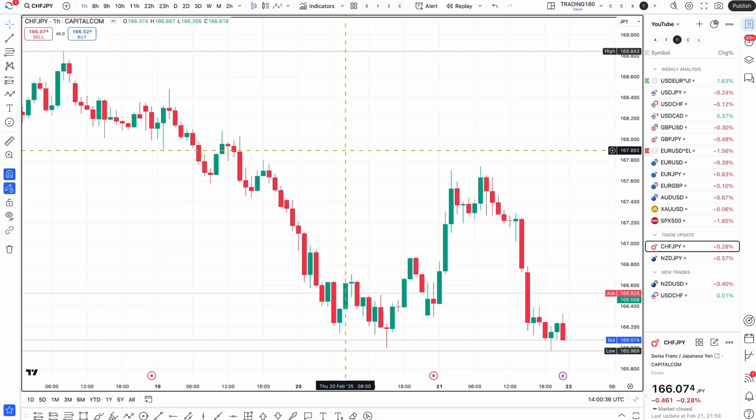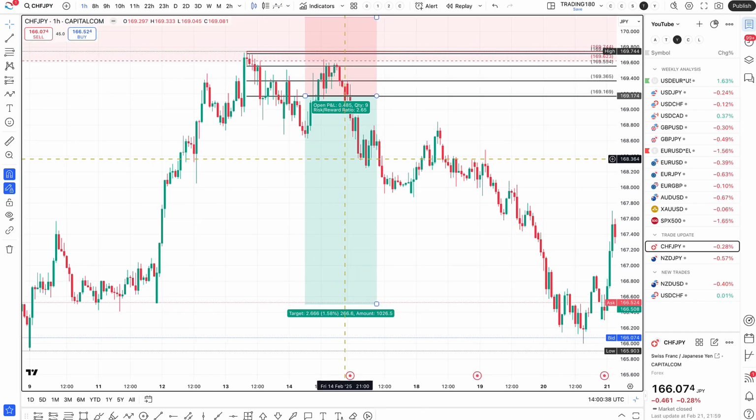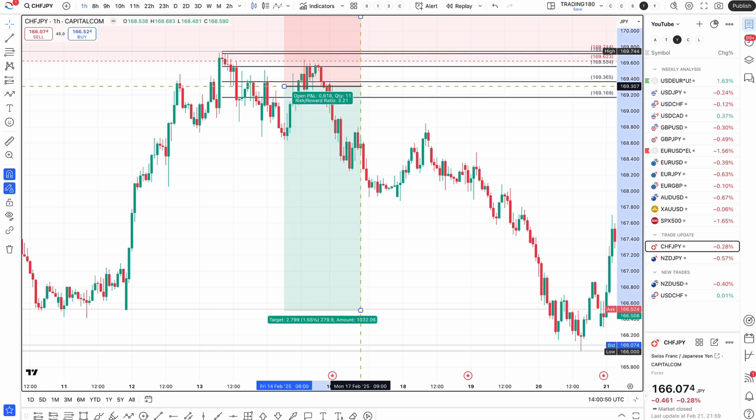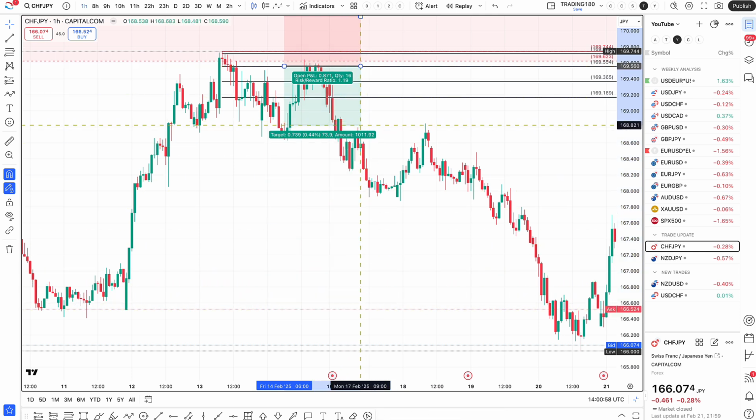Let me go down to the hourly. So originally ended up getting into two trades, three positions. So when prices pulled back, I got in on the market order, and then I managed to get into that position there, and then that position there, and then I took profit on that position at a 1-to-1.